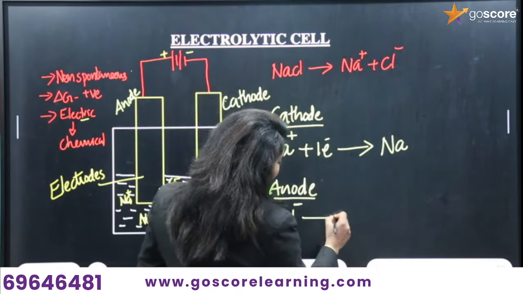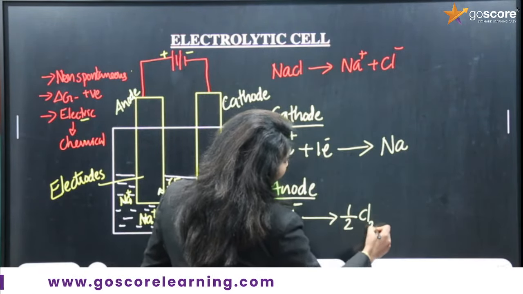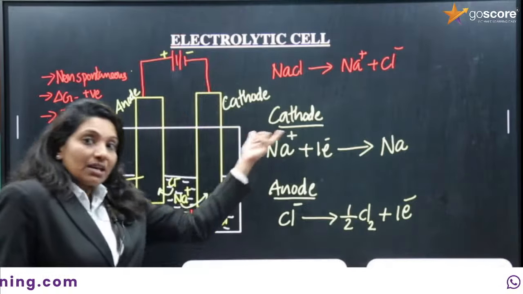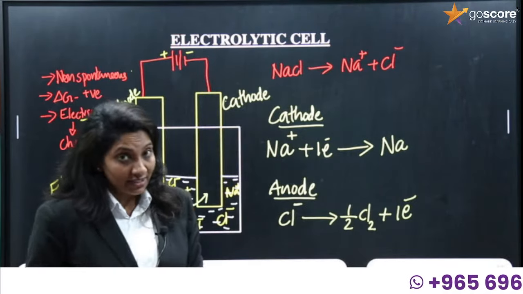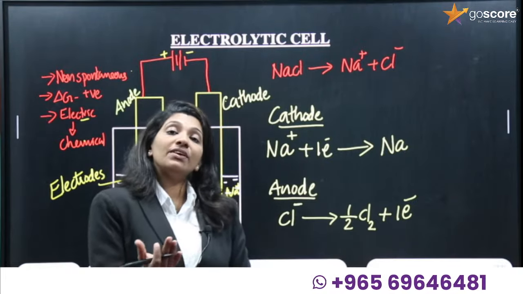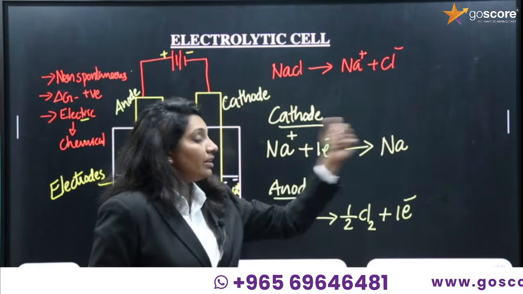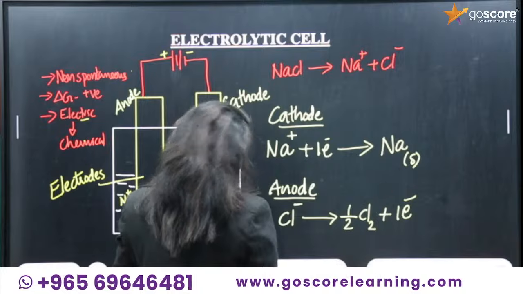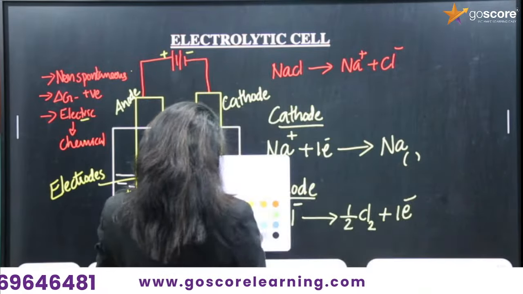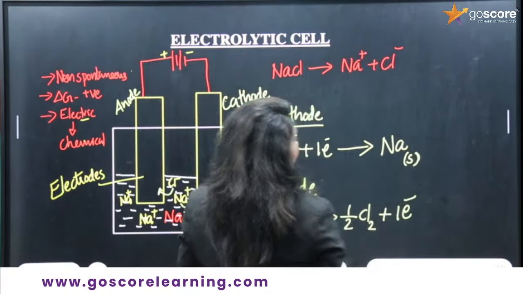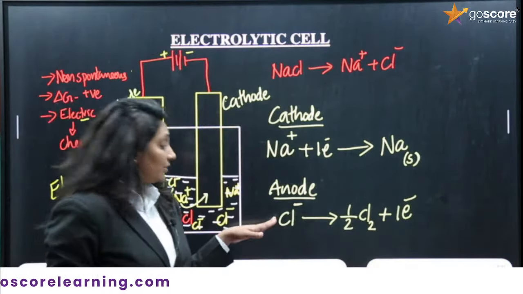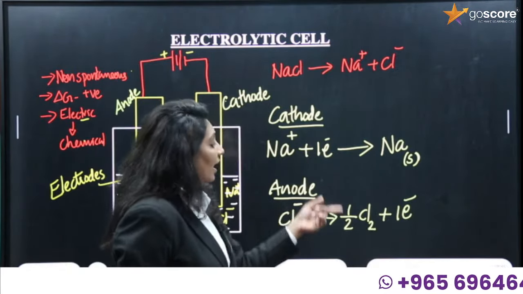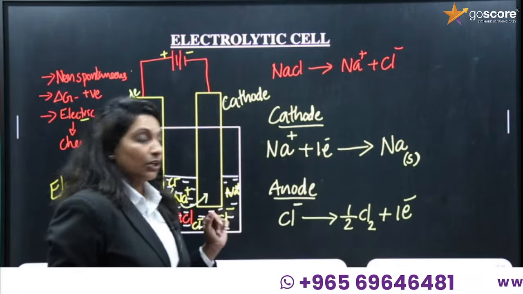The Cl- will convert into chlorine gas by losing one electron. Na+ means it has a deficiency of electrons, right? This Na+ will accept one electron and get converted into solid sodium, and at the anode the Cl- ion has an excess electron and will lose one electron to form chlorine gas, right?